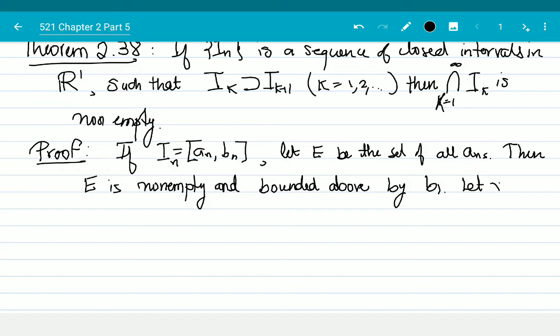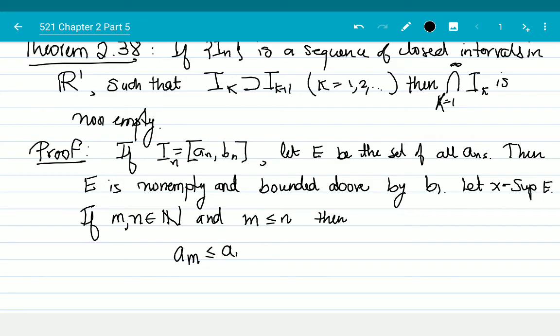Therefore, it has a supremum, x equal to the supremum of E. If m and n are positive integers, and m is smaller than or equal to n, then we have that a_m is smaller than or equal to a_n, which is smaller than or equal to b_n, which is smaller than or equal to b_m.